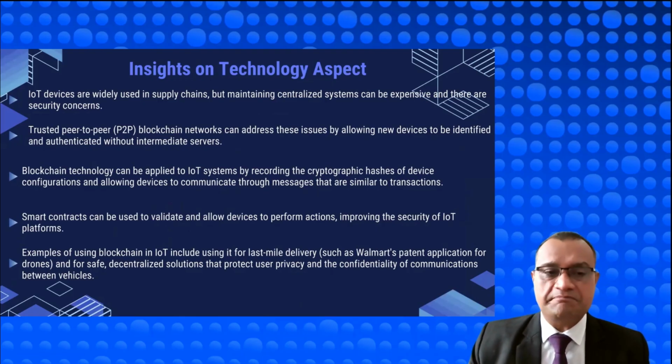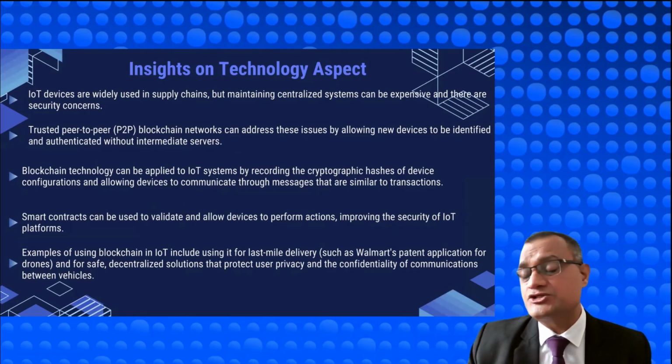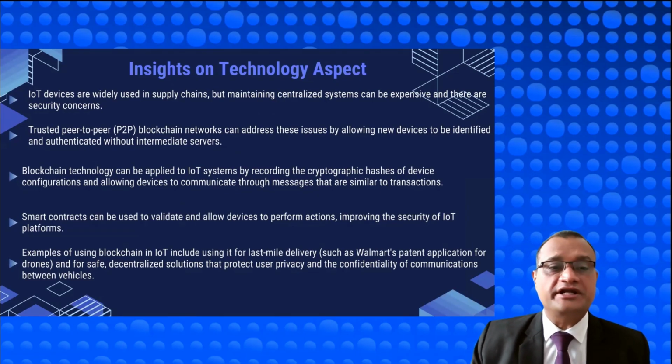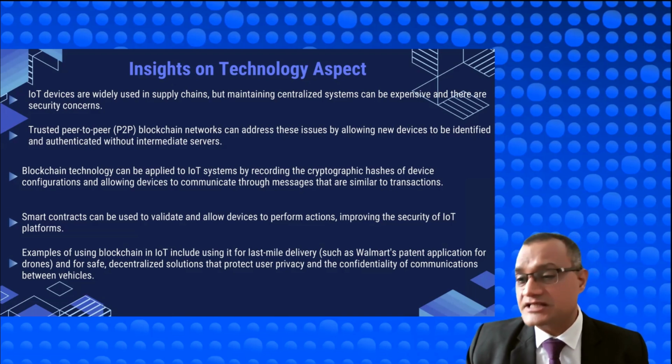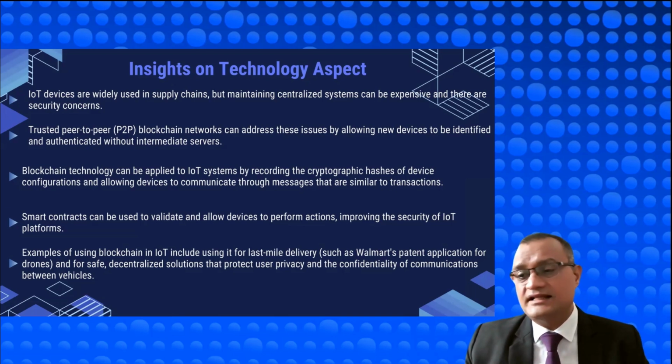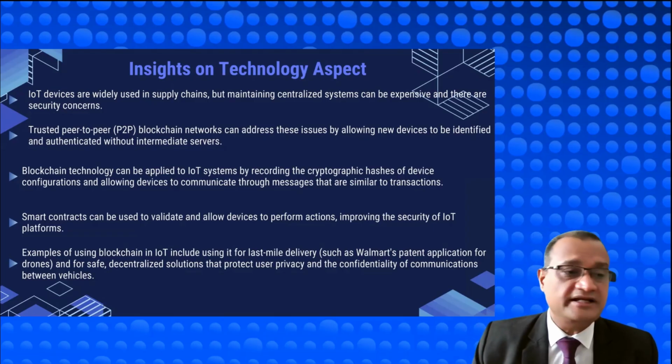A trusted peer-to-peer, P2P, blockchain model or network can address these issues, also provides adequate security, and you don't have to really authenticate an intermediate server, and you can handle large-scale data with greater visibility.